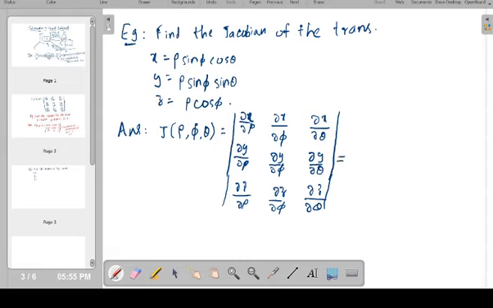So this is equal to the determinant: dou x by dou rho is sin phi cos theta, dou x by dou phi is rho cos phi cos theta, and dou x by dou theta is minus rho sin phi sin theta.